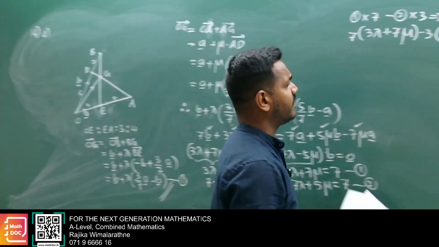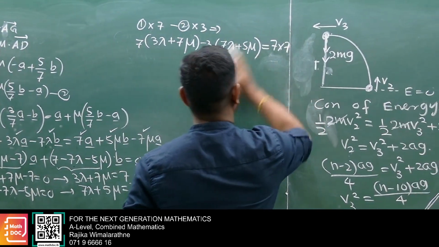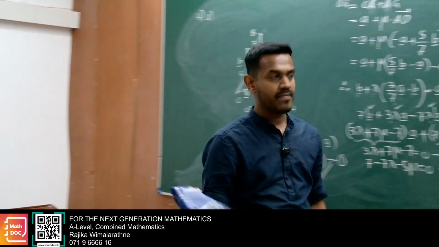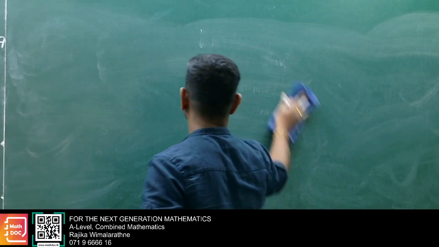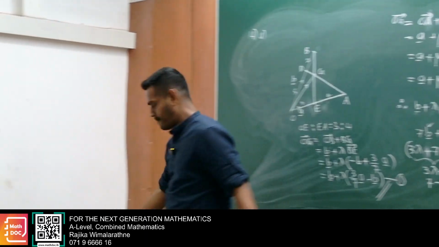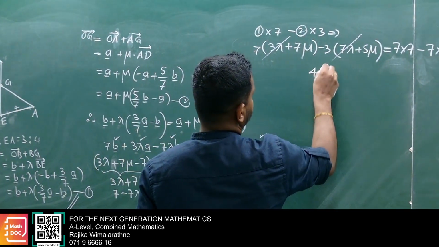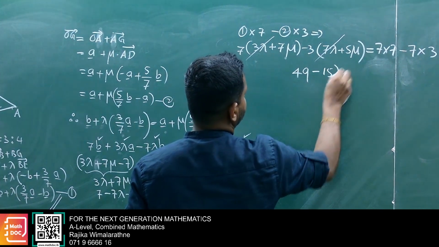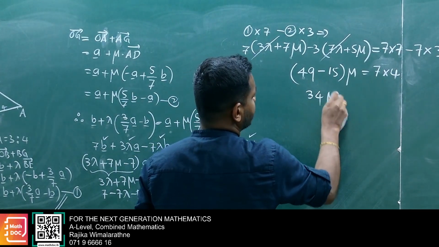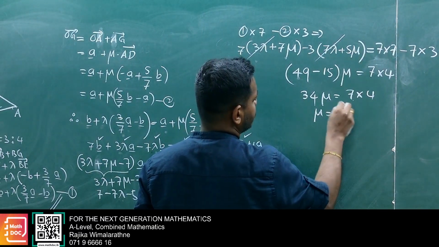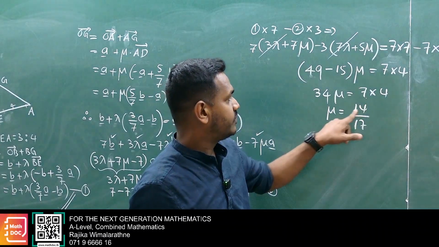Then 7 times 7 minus 7 times 3, 49 minus 15 mu, 7 times 4, 49, 34 mu, so mu equals 14 divided by 17. Divisible by 2 now, then 14 over 17.